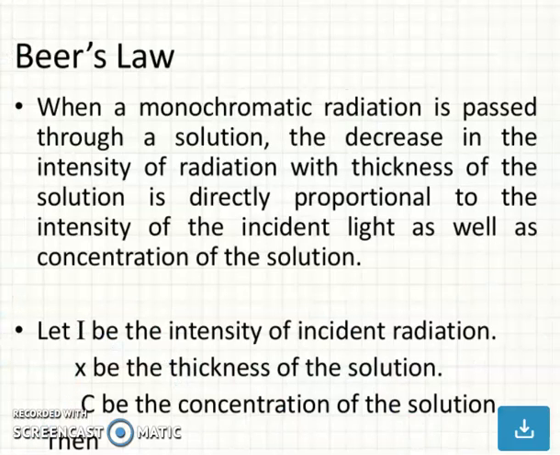Now Beer's law. What is Beer's law? When a monochromatic radiation is passed through a solution, the decrease in the intensity of radiation with thickness of the solution is directly proportional to the intensity of incident light as well as the concentration of the solution. Let I be the intensity of incident radiation, x be the thickness of the solution, and c be the concentration of the solution.